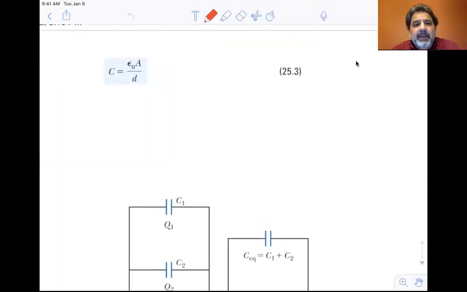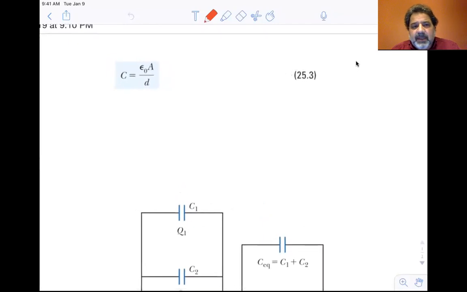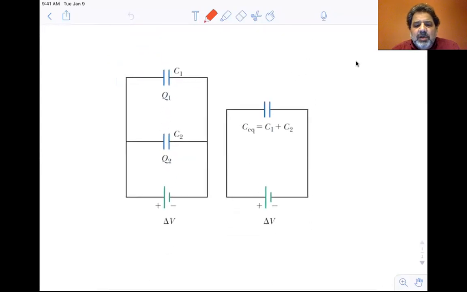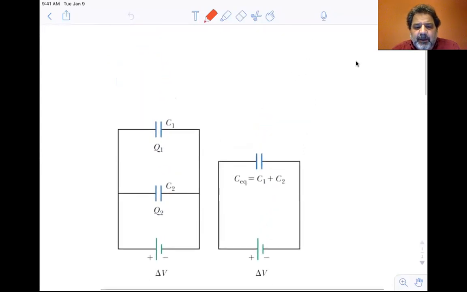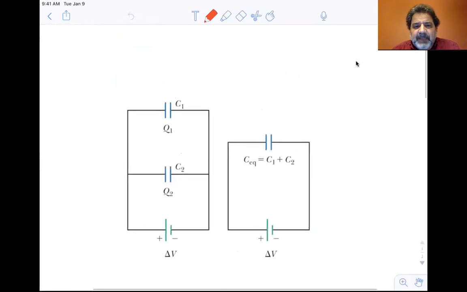I told you about equation 25.3. The C is equal to epsilon 0 times the area divided by the distance. This is going to be very important. So let's look at a parallel combination.